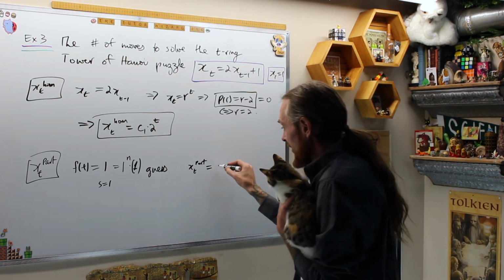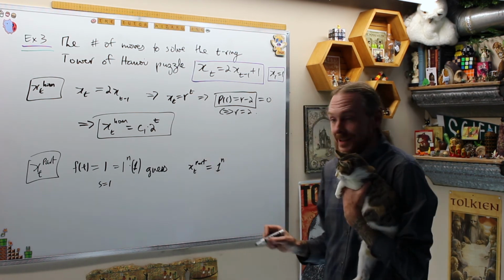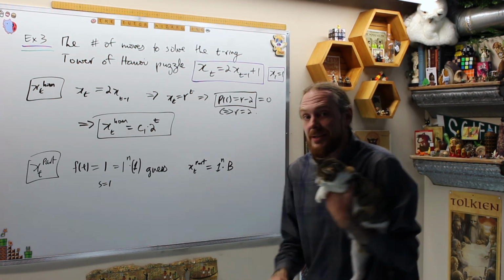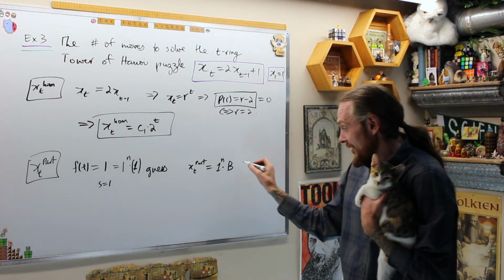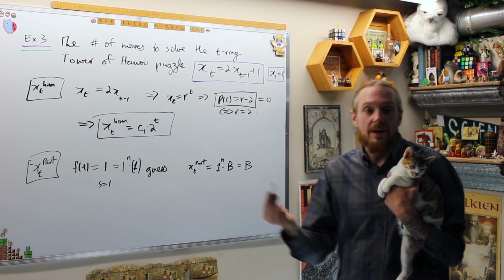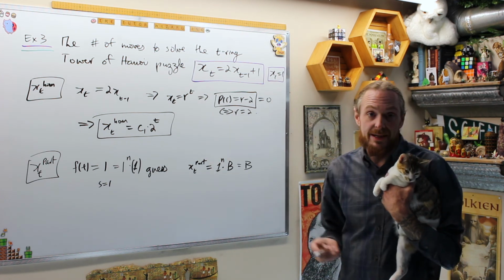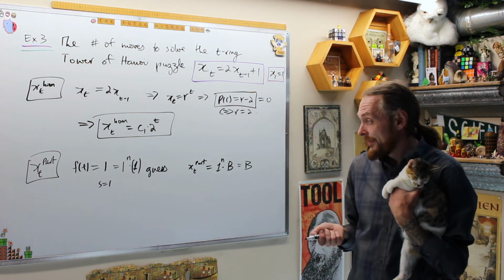So our guess is going to be 1 to the n times a general degree 0 polynomial, which we don't know, which is the number b, which is a constant, and therefore we're assuming that x_t particular is just a constant number b.